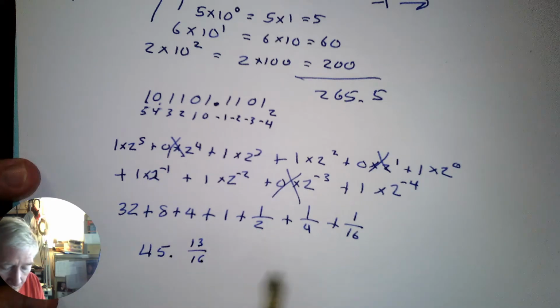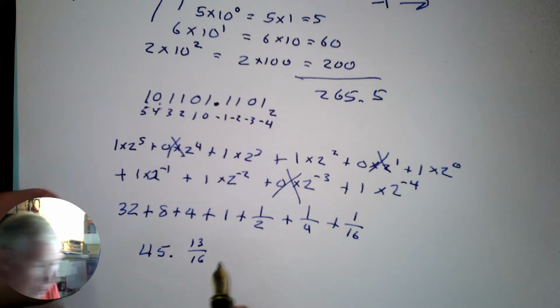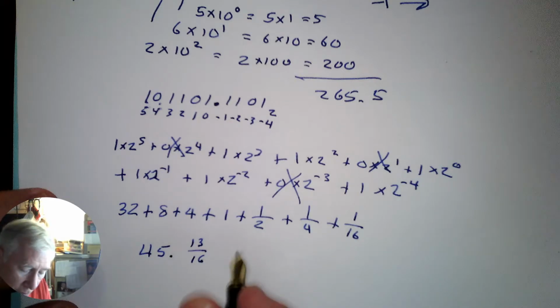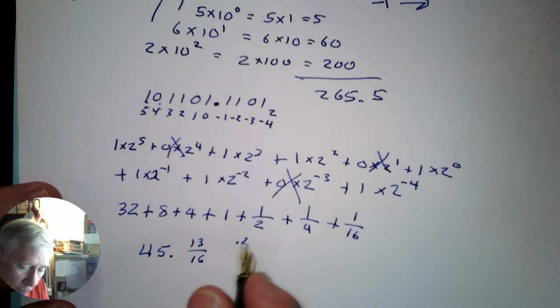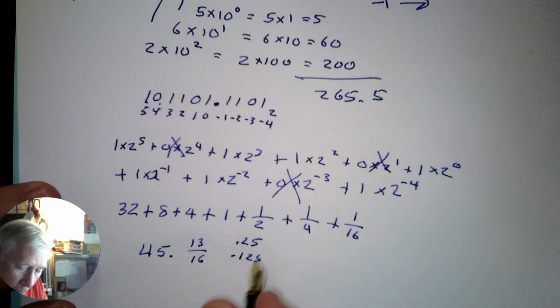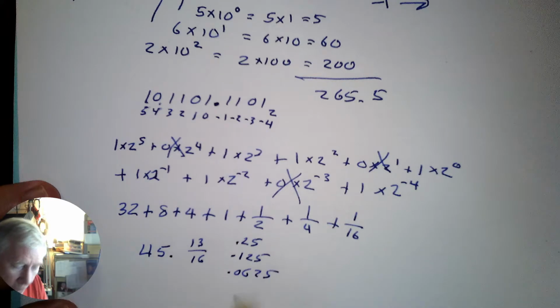And if I write that out, a fourth is 0.25, an eighth is 0.125, a 16th is 0.0625, and we multiply that by 13.